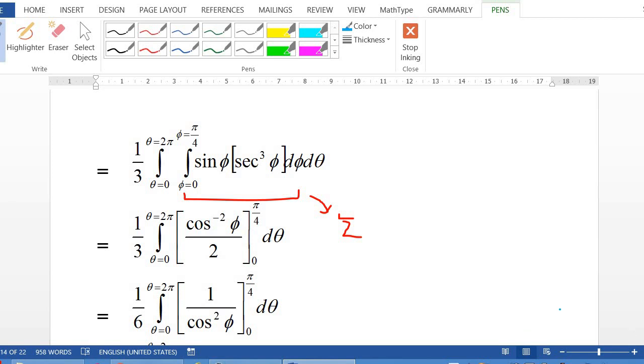Again, here you use the substitution technique. Secant is actually 1 over cos, so secant to the power 3 phi is cos to the power negative 3 phi.